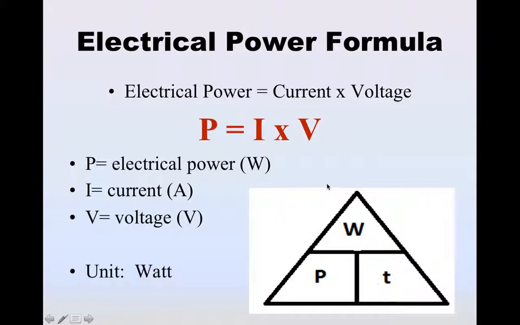So our formula for this one is electrical power is the current pushed through a wire, the amps, times your voltage, which is that push. So the electrons times the pushing of them gives me how much power an instrument or item has.